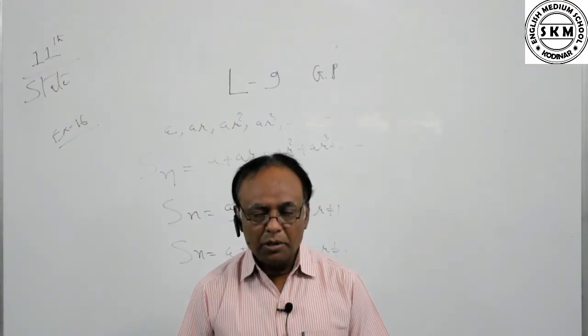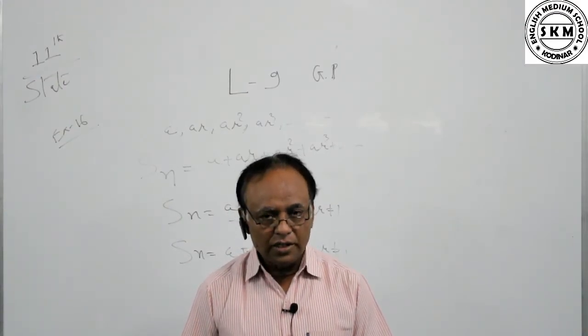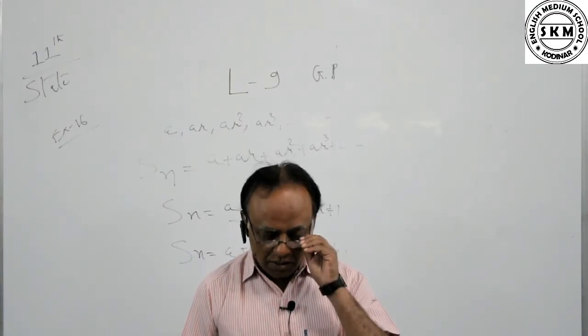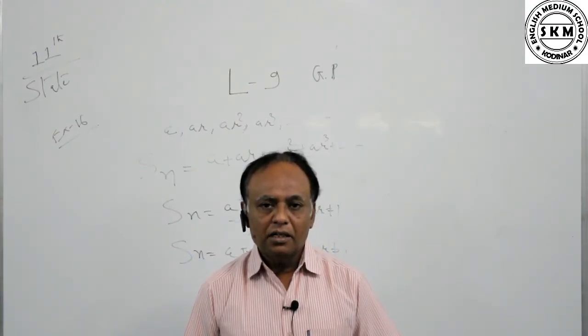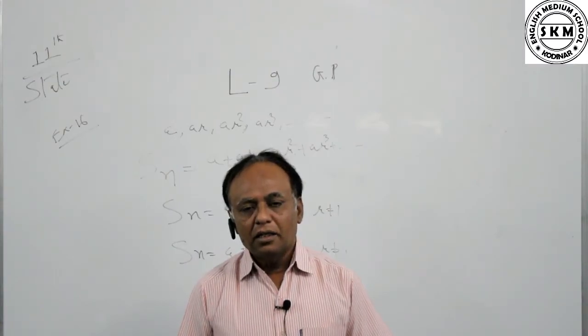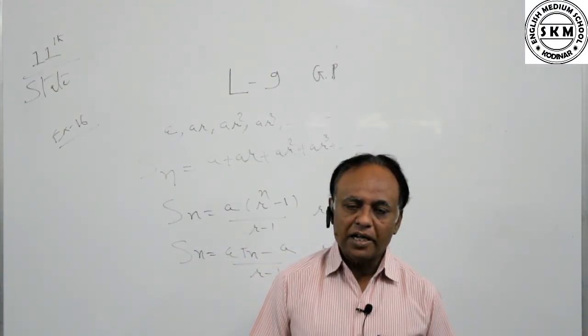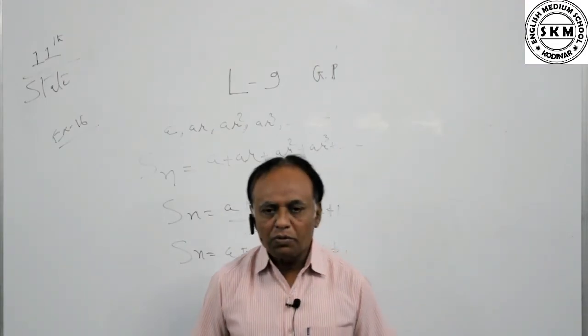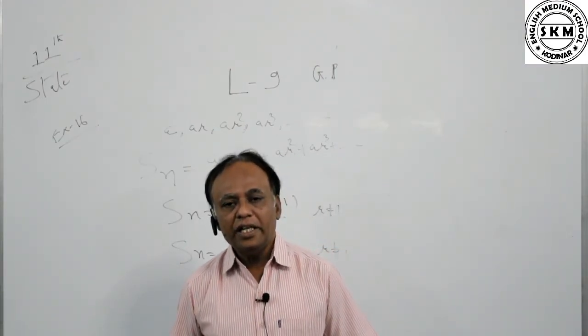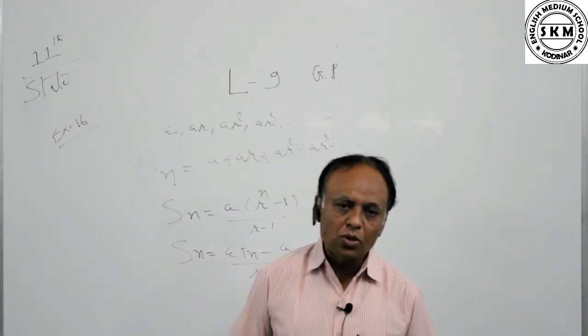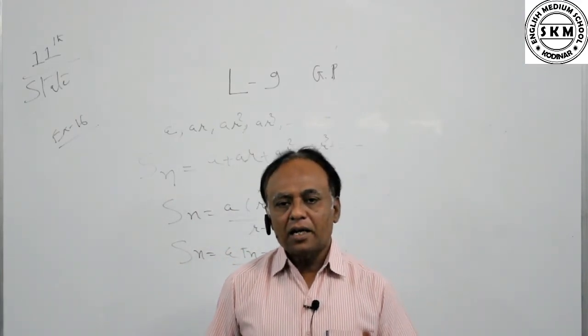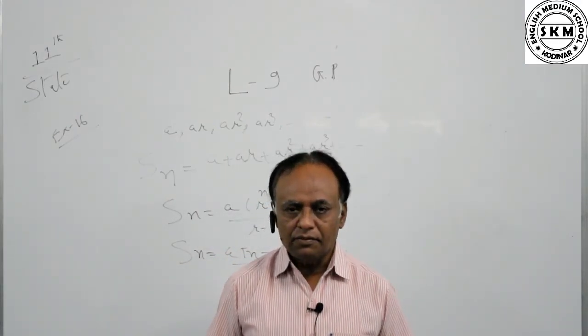So remember all these formulas for the sum Sn, A into R raised to n minus 1 upon R minus 1. And if we want to find the terms, then Tn is equal to AR raised to n minus 1.